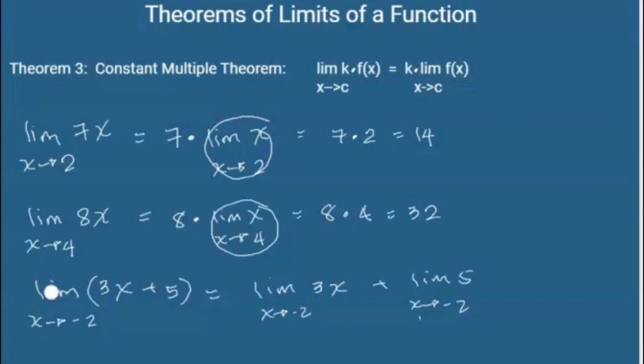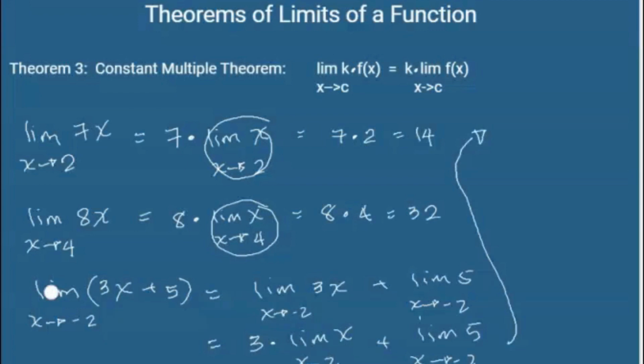For the first limit, we can apply Theorem 3. So this would be 3 times the limit of x as x approaches negative 2 plus the limit of 5 as x approaches negative 2.